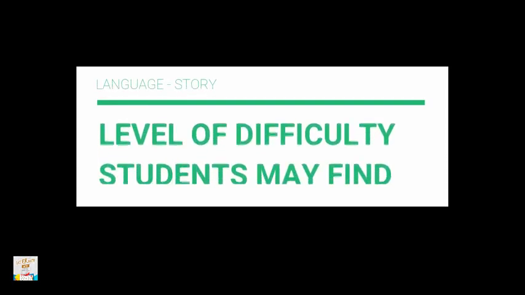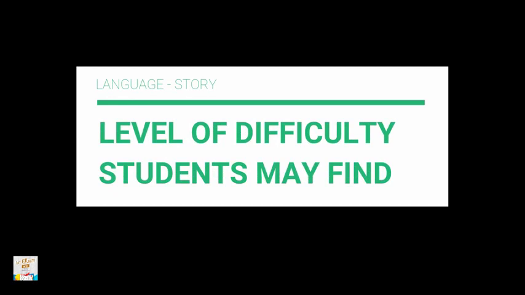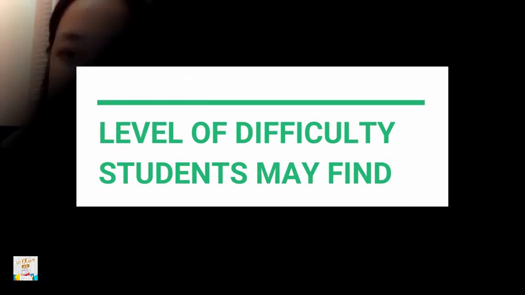Okay. Yang pertama itu, the first one has to do with the language, with the books, with the stories, the level of difficulty of the language that students may find in their reading. The language will have to be accessible. The language will have to be easy.